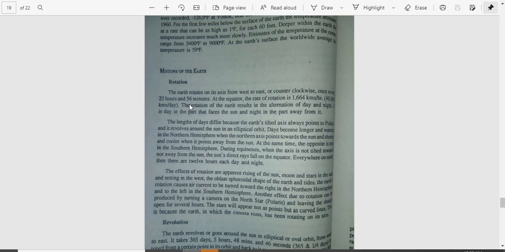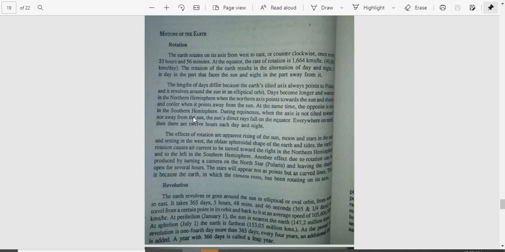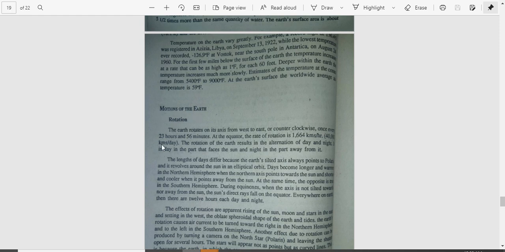Next is the motions of the Earth. You have rotation and revolution. In short, rotation is ang pagtiyog sa Earth sa iya mismo. The Earth rotates on its axis from west to east, or counterclockwise, once every 23 hours and 56 minutes.